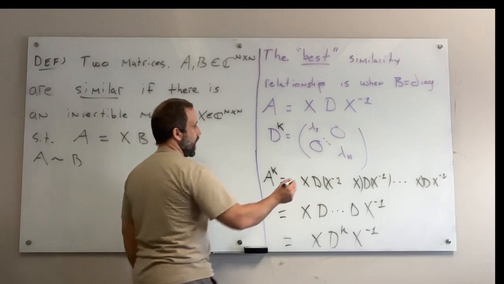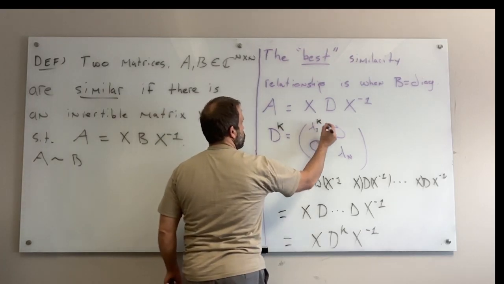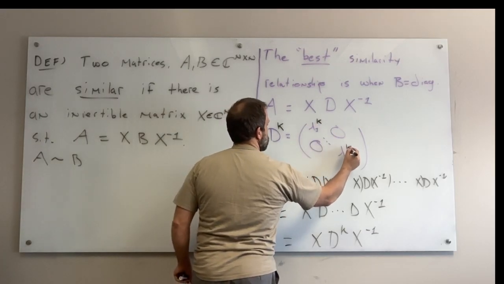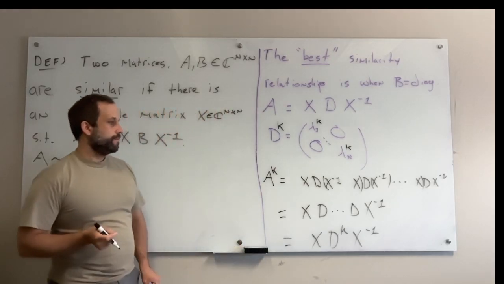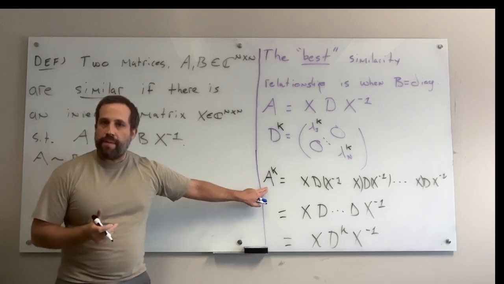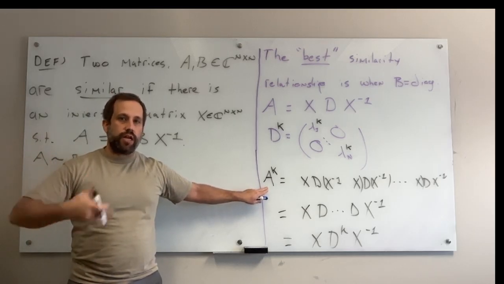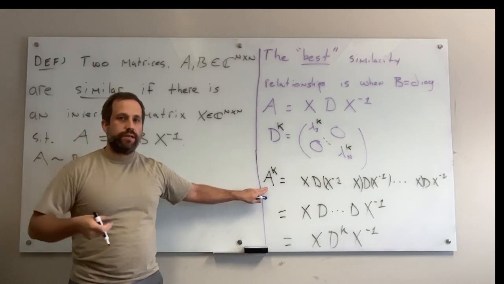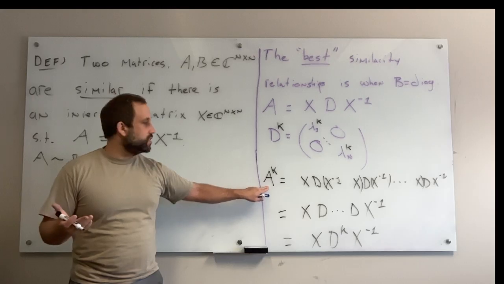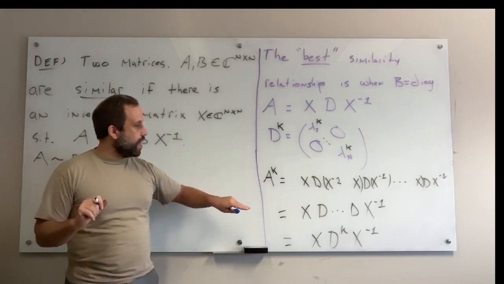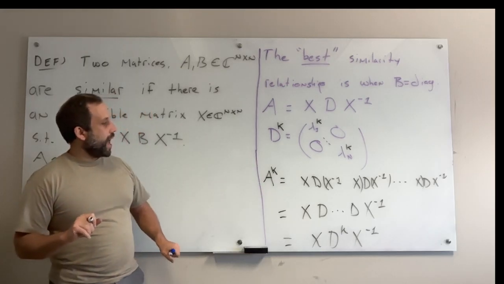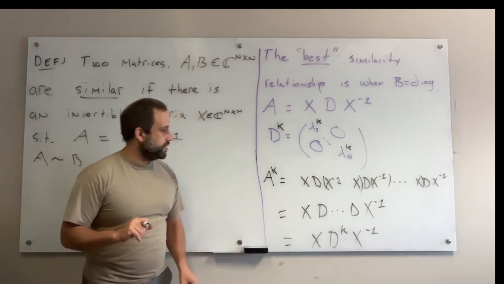D to the power of k, well, all we do is we raise the diagonal entries to the power of k. Okay, so now A to the power of k in general, if we just try to compute it by doing repeated matrix multiplication, we just have to do this k times. But in a case where the matrix is diagonalizable, we can do this much easier thing.